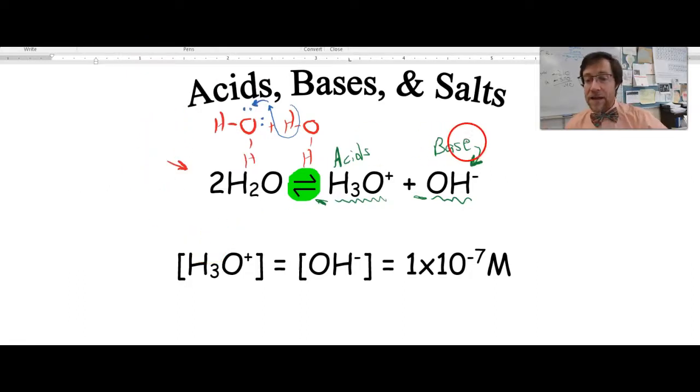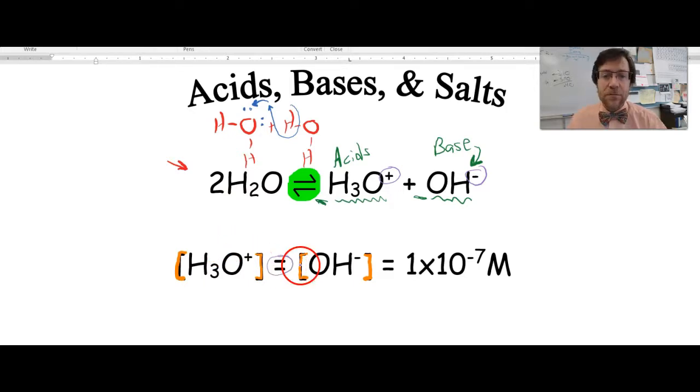And if you think about it, if this guy here has a positive charge and that has a negative charge, they're going to snap back together and form those two water molecules again. It happens a lot. But what's really weird, at least I think it's really weird, is that no matter what, the concentration, these brackets mean concentration, and we just talked about concentration, so the concentration of the hydronium ions is exactly equal to the concentration of the hydroxide ions.